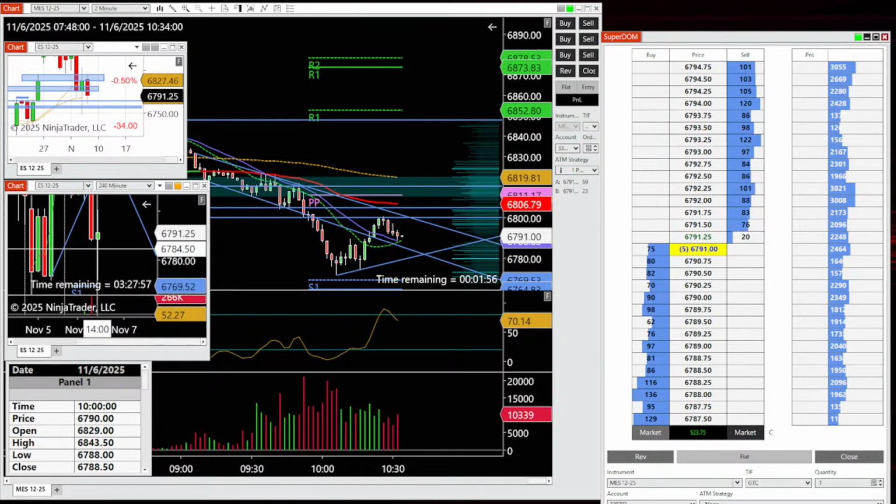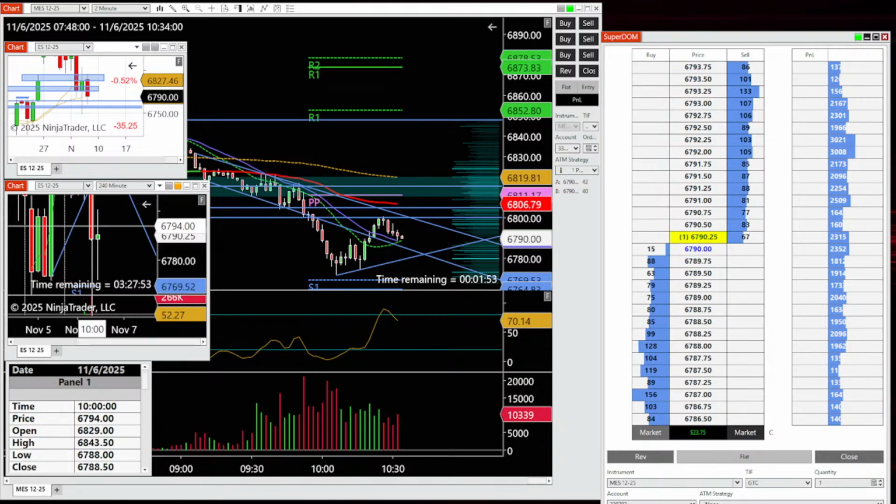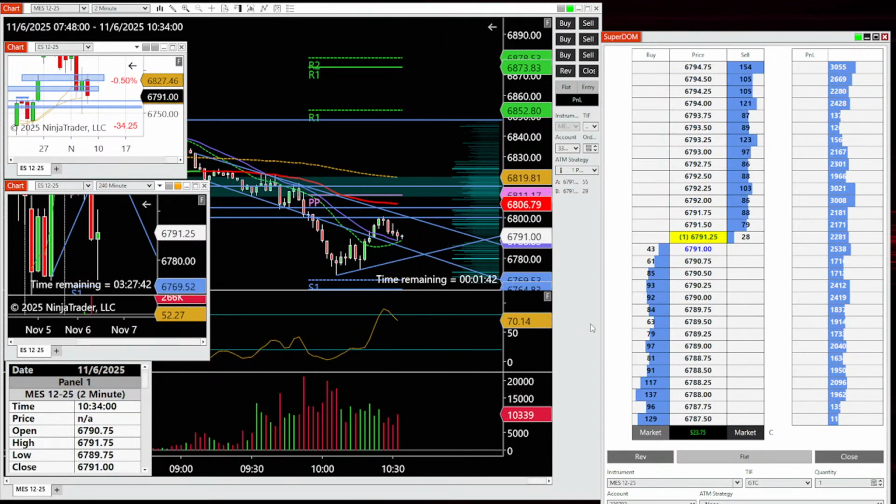We did dip below. Let me see. Low 88.75. This low is 88, and this open is 80. So it dipped below the open.